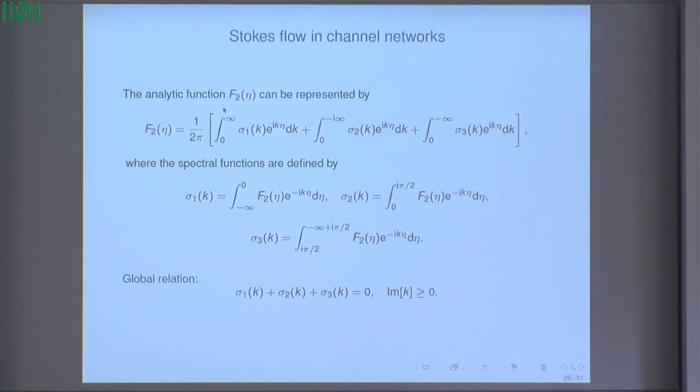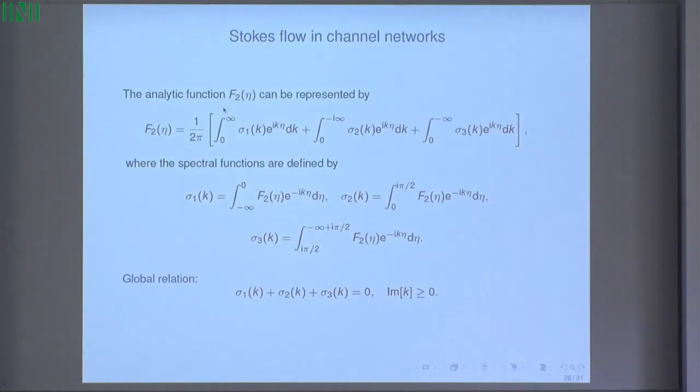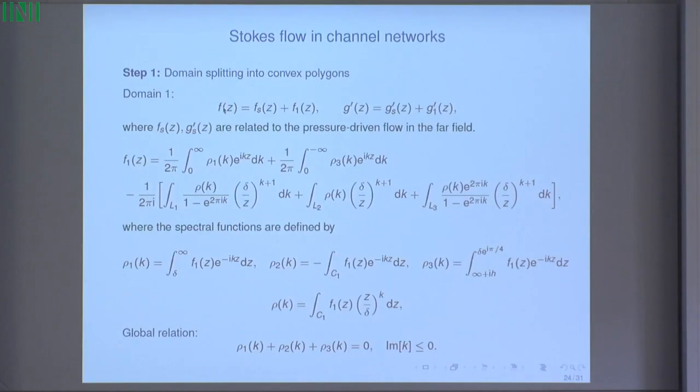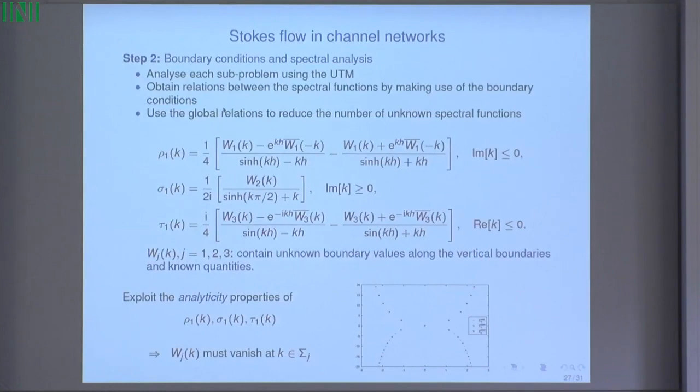Combine the two to write down your integral representation for each of the domains, and then next step, try to analyze each sub-problem, your boundary conditions, using the unified transform method to find relations between all these functions, and then these relations, combined with the global relations, can give you some conditions, which we have given here.